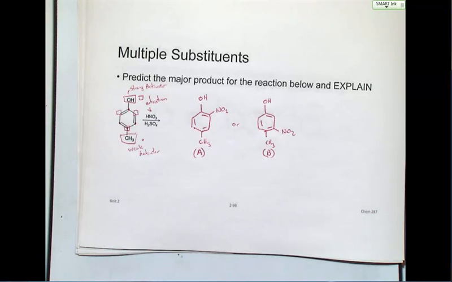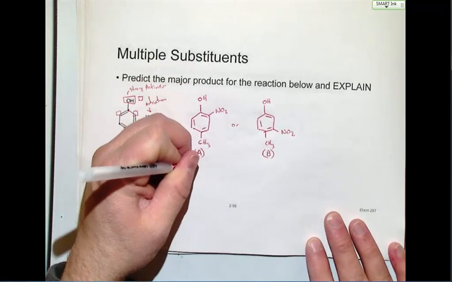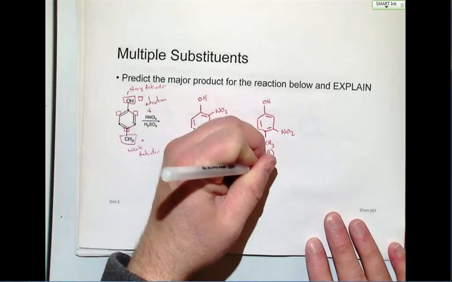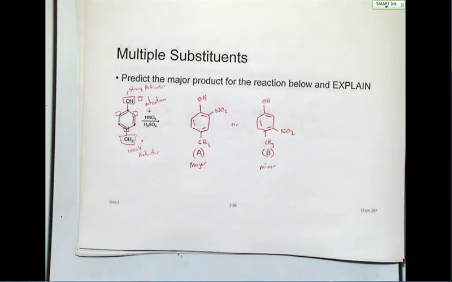A. And what's your rationale for that? Because the strong activator is going to be the major product. Right. Because a strong activator is causing the ring to be especially reactive at whatever positions it's activating. It's putting electron density there, whereas the weak activator's not really doing that much work. They're just kind of lazy and sitting around, letting the other groups decide things. So I would say definitely A, this would be the major, and this would be the minor. But again, you'll see both. Both will get formed. Just, which would you predict to be the major one?